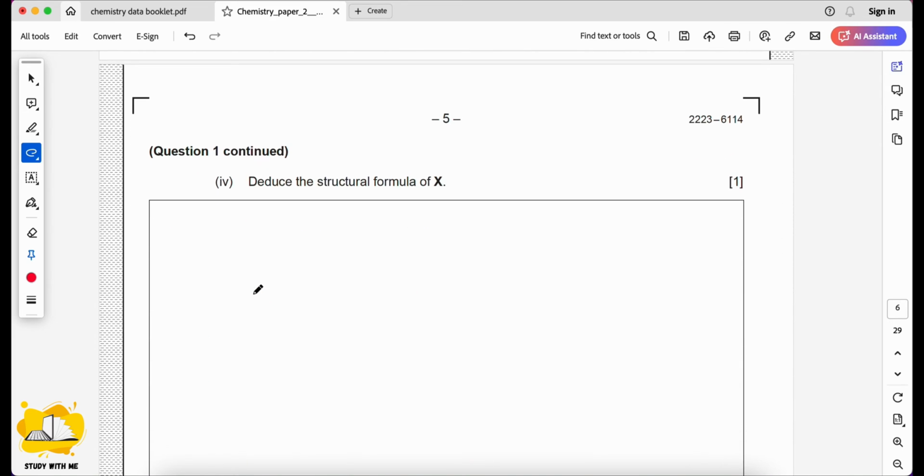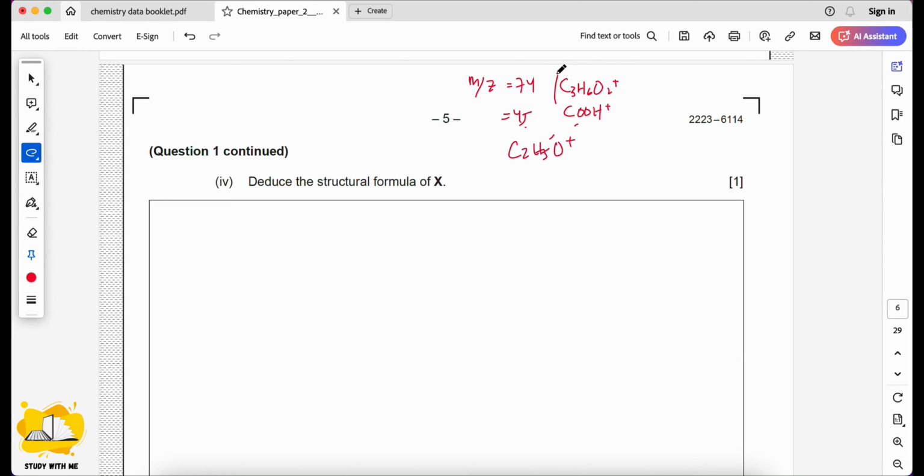Okay, next, deduce the structural formula of X. As we have m/z 74 and 45, which is COO, from the previous question, and also C2H5O plus, that would be 45 as well, these two.